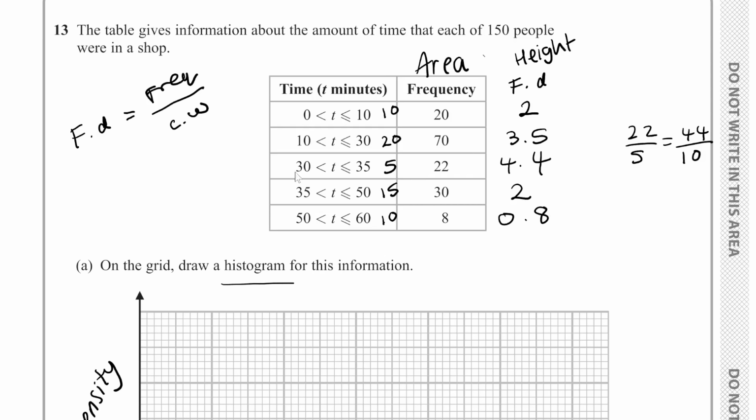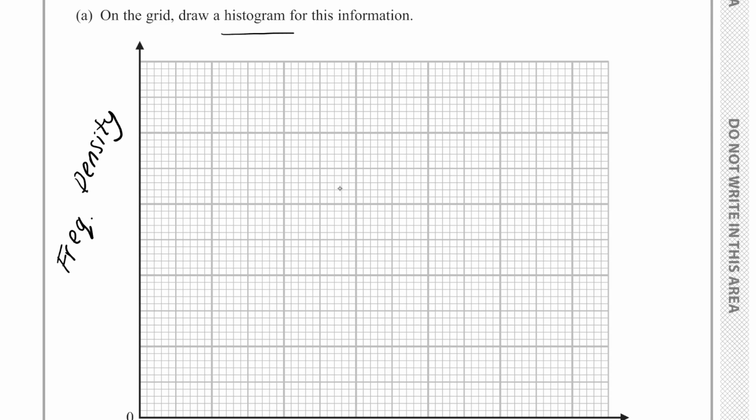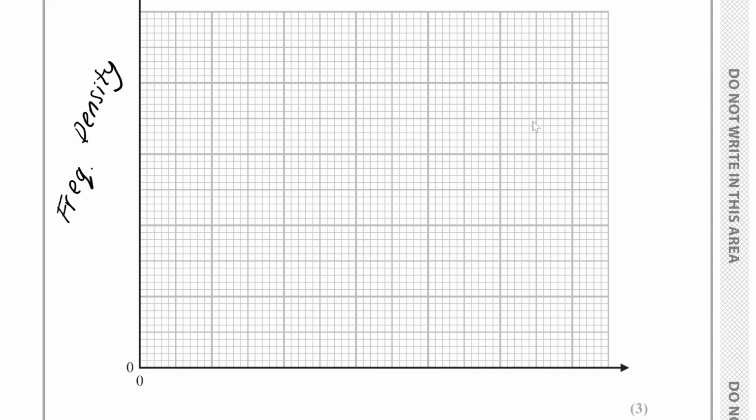So we just need to draw on the scale. The frequency density goes up to, the highest is 4.4. So 1, 2, 3, 4, 5. And then along the bottom, 10, 20, 30, 40, 50, 60.